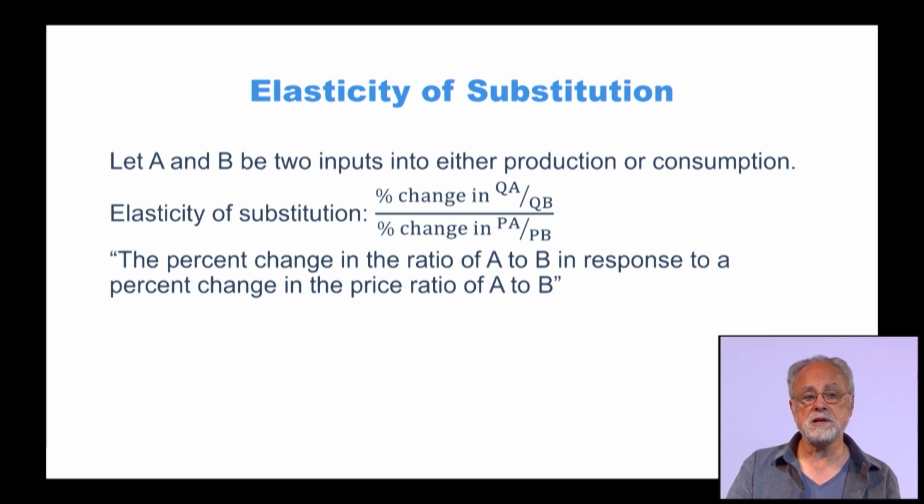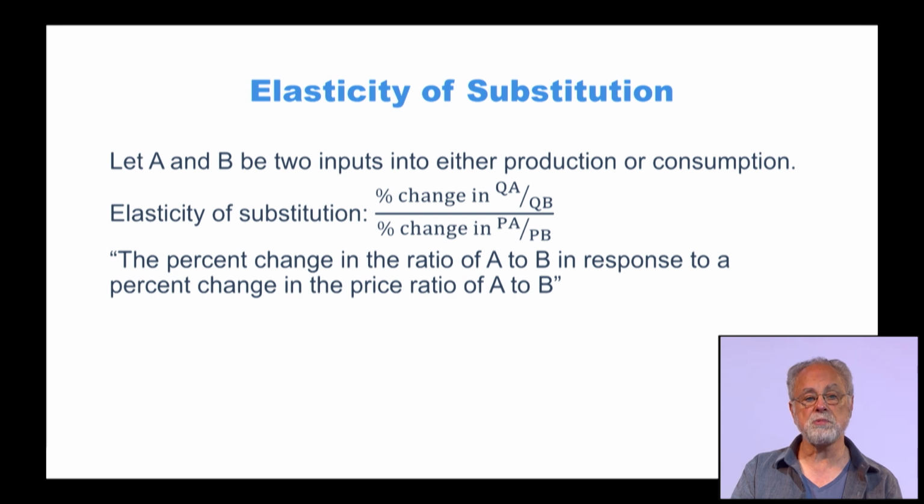It's basically looking at the change in the market equilibrium for a particular good, change in either production or consumption, but looking at two goods simultaneously, so comparatively. So you're looking at ratios of two goods, A and B, in the numerator for quantities, and you're looking at ratios of two goods in the denominator for prices.